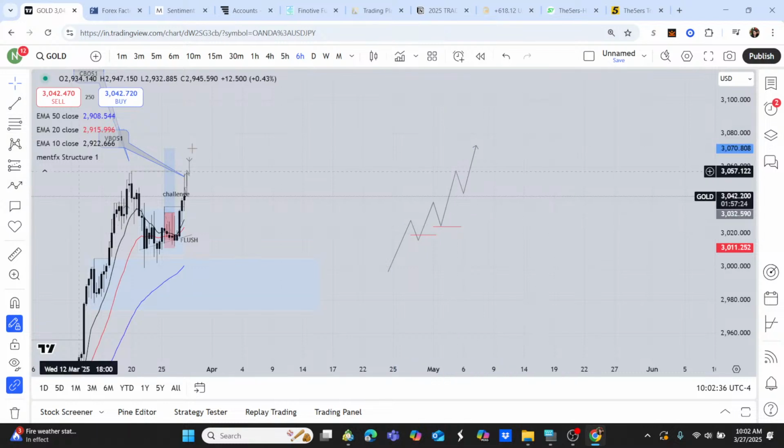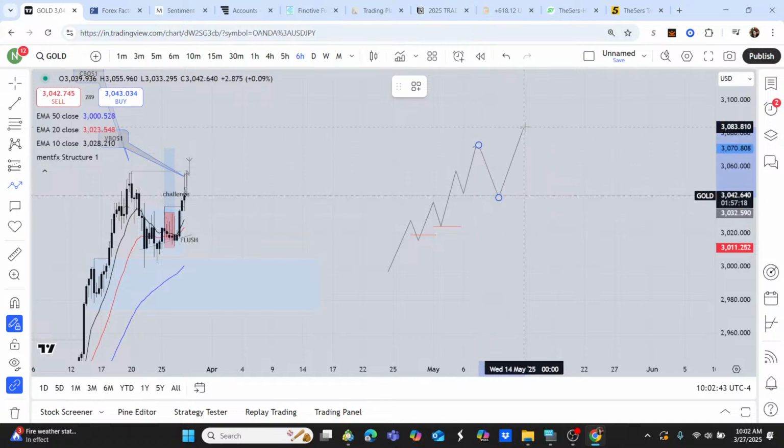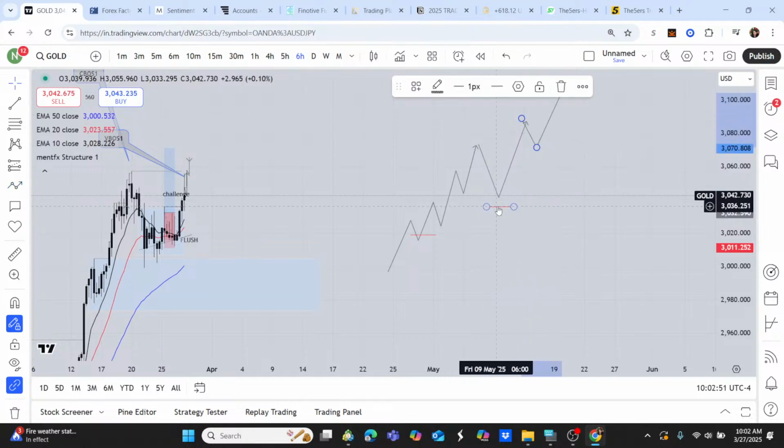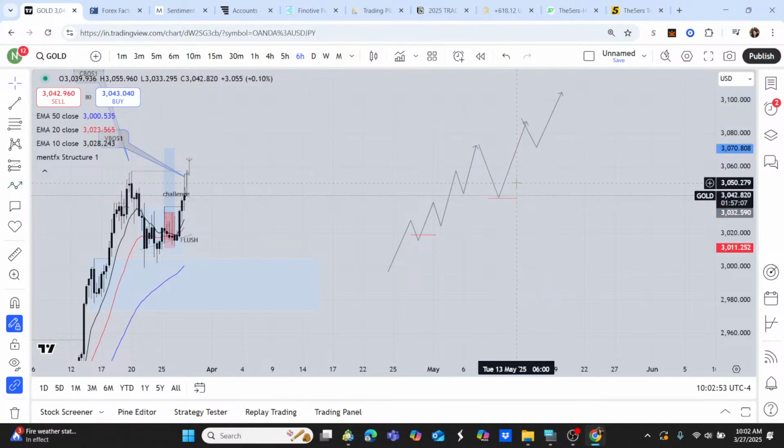So as price makes structure higher, even if it breaks down like this, like I talked about, the most likely move is going to be higher. So I could continue trailing as it makes that second low, and my stop would be right here. So it's just certain rules that you can test for yourself. That's the reason why I switched, because there are pros and cons to that.